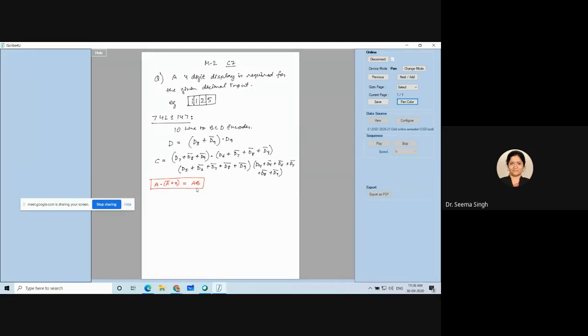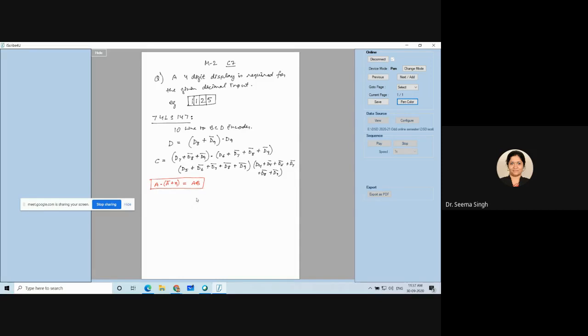So what I am trying to say is, based upon this law, when you see D7 plus D8 bar plus D9 bar, and in another term you see this D7 bar again, all these are product terms, product of some terms. So in one term, if D7 has come, and in another term D7 bar is coming, this D7 bar will not be seen. It will get eliminated with the Boolean simplification law, which I am trying to show you here.